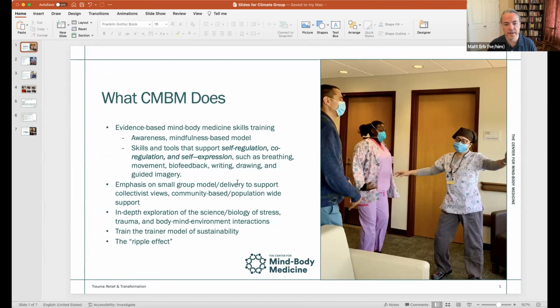There's a variety of evidence-based skills and tools that support not just self-regulation, but co-regulation, the understanding that if I don't know what I'm feeling and I'm not aware of my own physiological state, it carries direct impact on my relationships and interactions and my ability to support others through stress and trauma. It's also built upon various avenues of self-expression, really giving people the chance to express their lived experience.